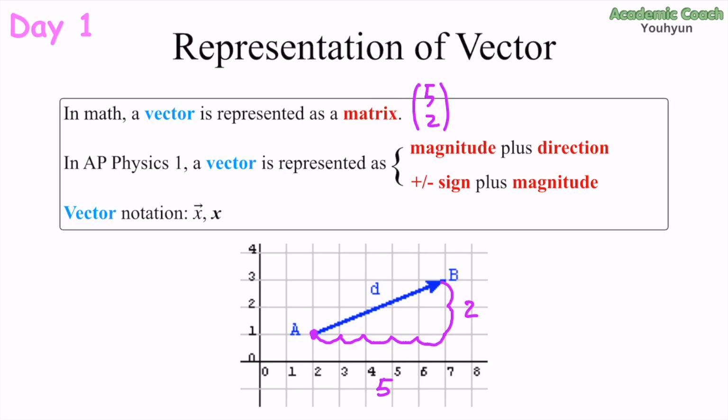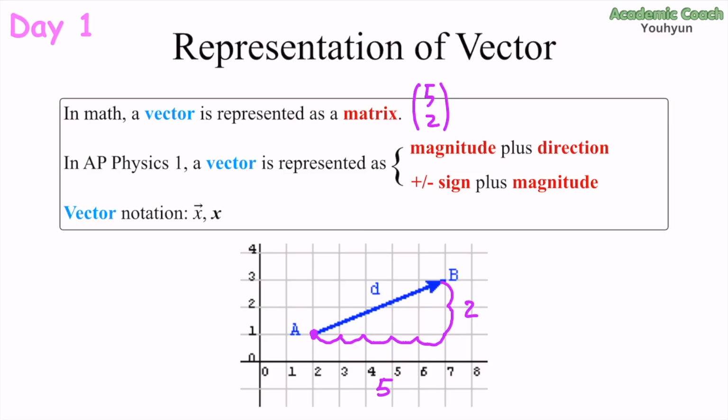So for example, 5 units towards 45 degrees above the x-axis, or let's say 3 kilometers due north, or something like 10 units towards the negative y-axis. All of these are magnitude plus direction. Or we can make it as simple as a plus or minus sign plus magnitude.